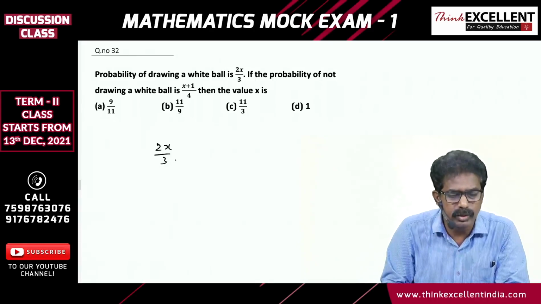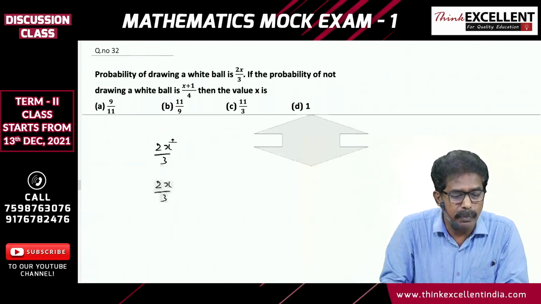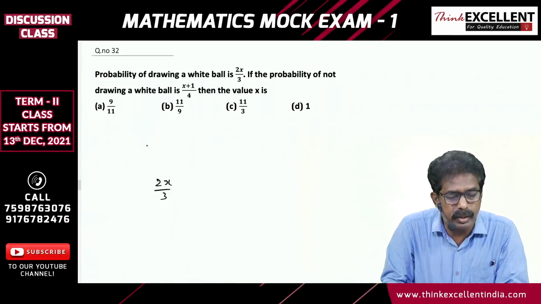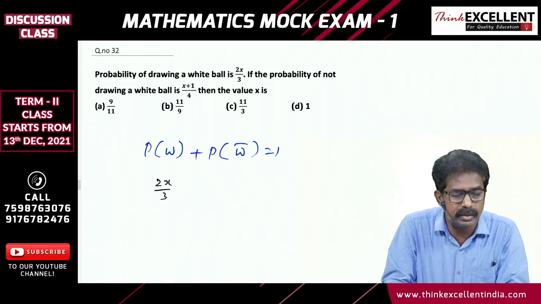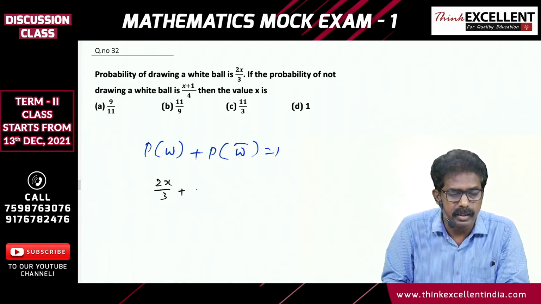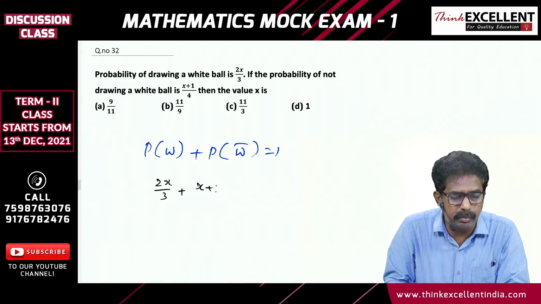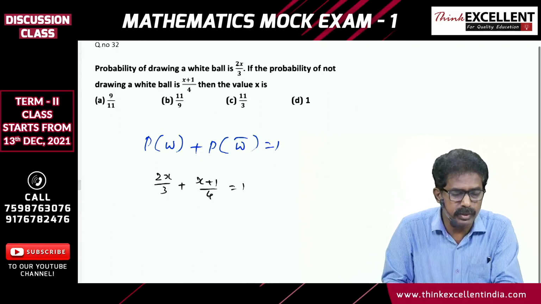So you know the total probability is equal to 1. Probability of W plus probability of not getting a white ball is 1. So 2x by 3 plus x plus 1 by 4 is 1. Now we take LCM.